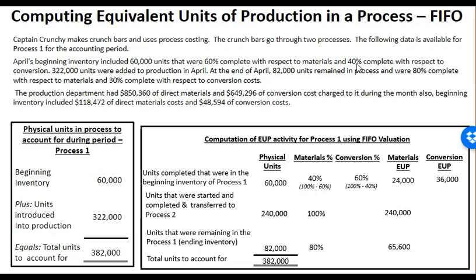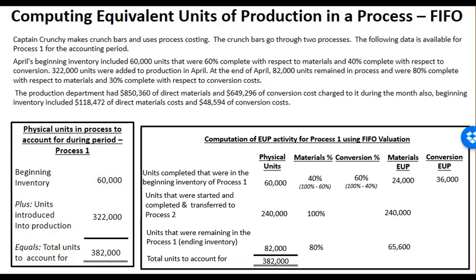Which means if they're 40% complete, in order to complete that beginning inventory I need to expend another 60% effort. So I take 100% complete minus the 40% effort that I've expended to date on the beginning inventory. That means the amount of effort I had to expend was 60%.